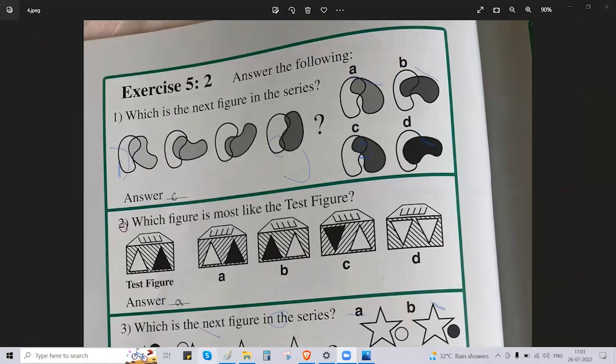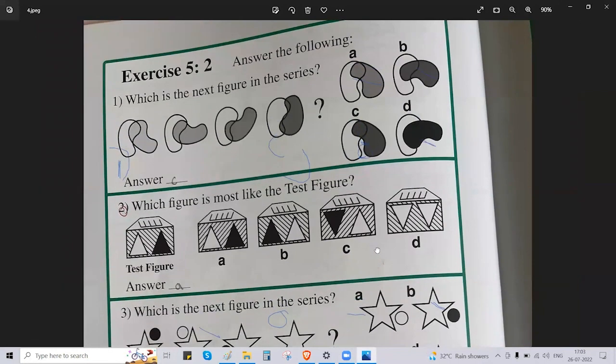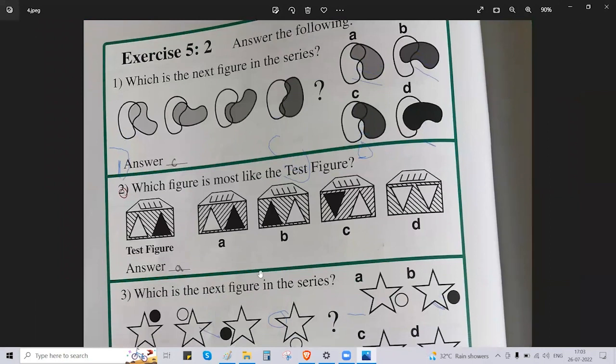Why did you answer A here? I thought the triangles were important. When we are finding the like term, no doubt there are some changes in B and the test figure, right?